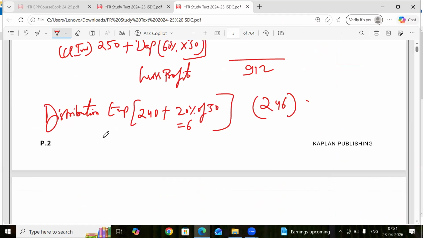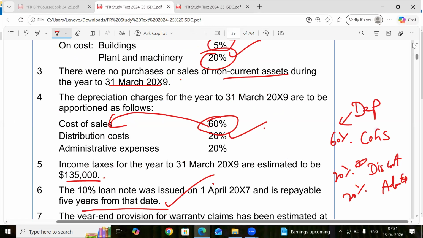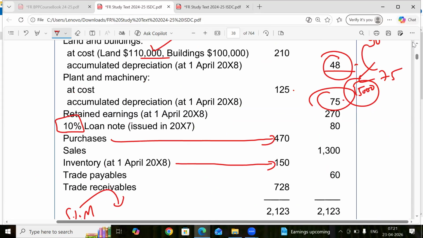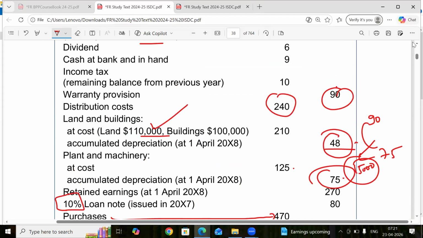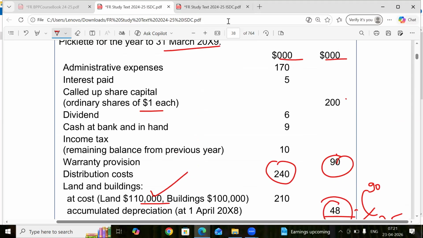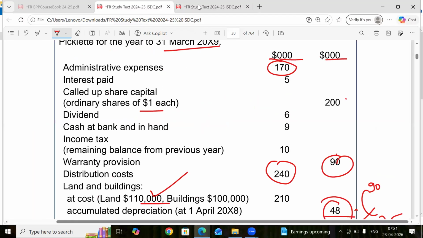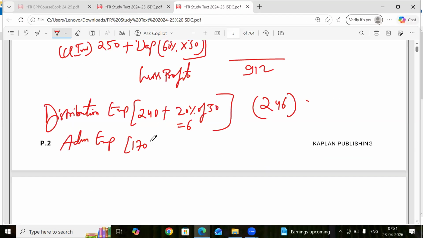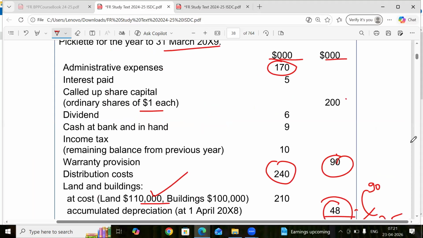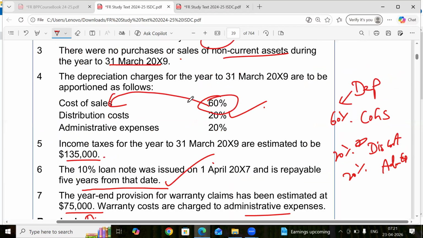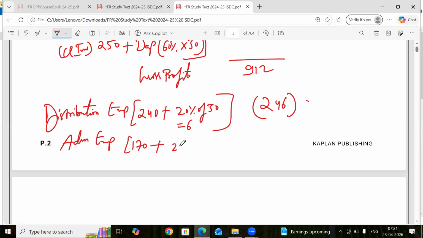Next, administration expenses, 170. 20% of depreciation has to come, which is 6.